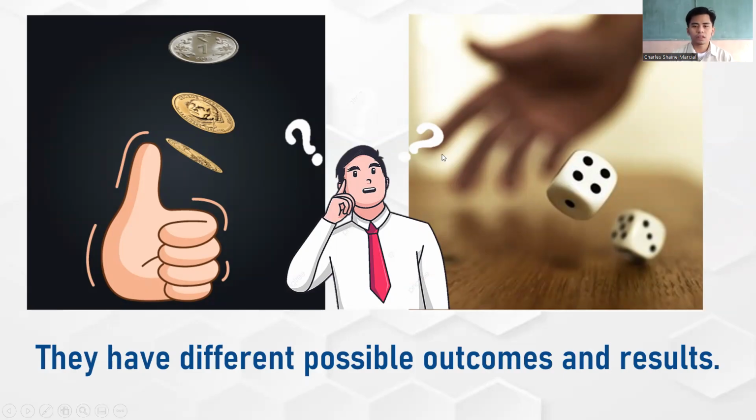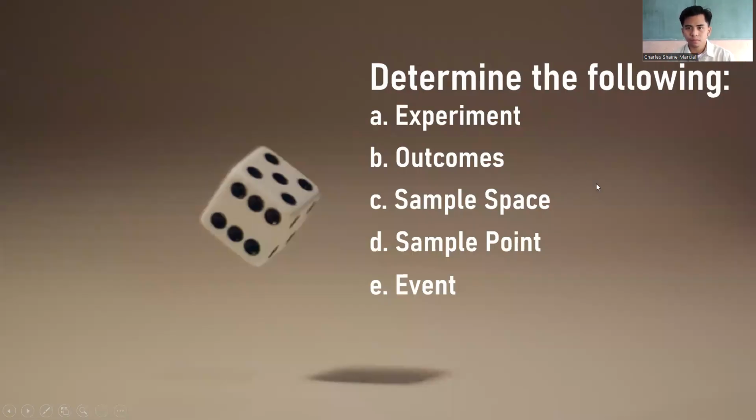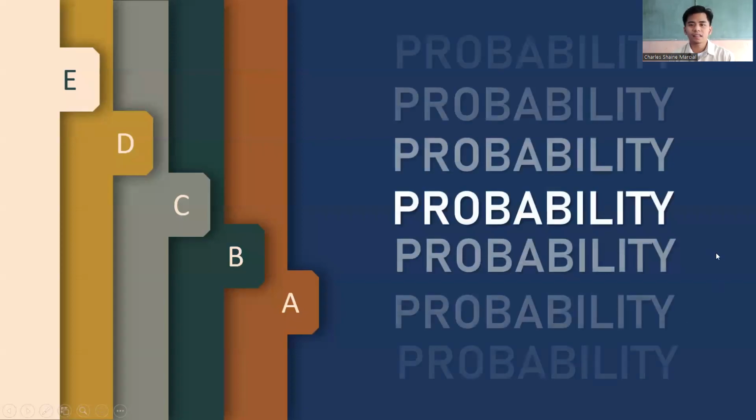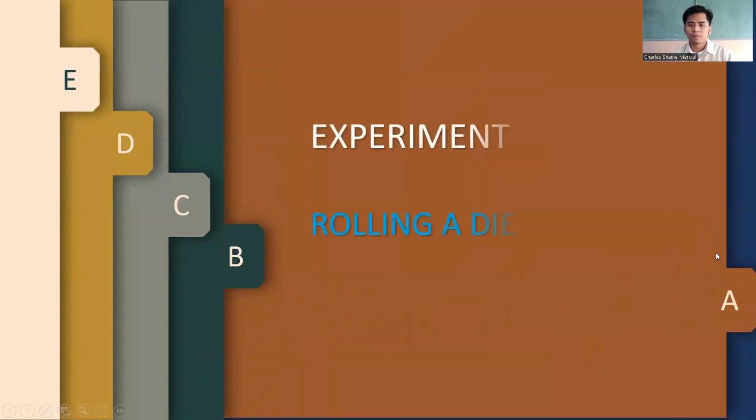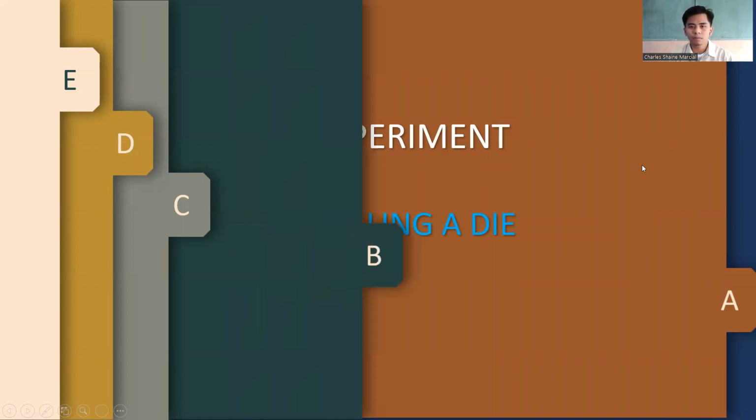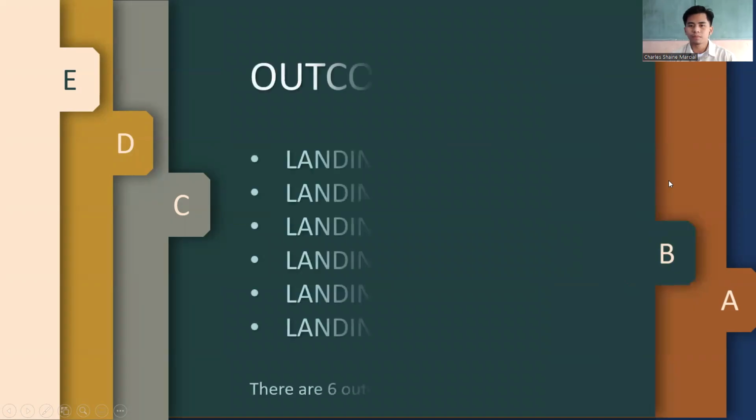So, dito magkaiba si they are both an experiment but they have different possible outcomes and result. Right? Now, let's determine the following experiment outcomes: sample space, sample point, and event. All right? Now, of course, our experiment is rolling a die. How about the outcome?